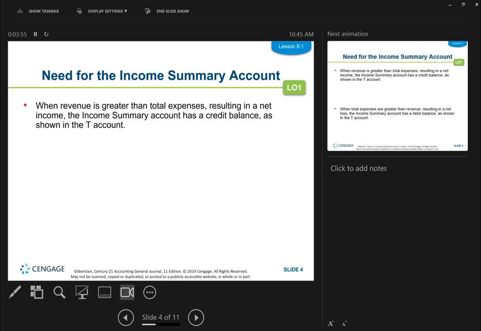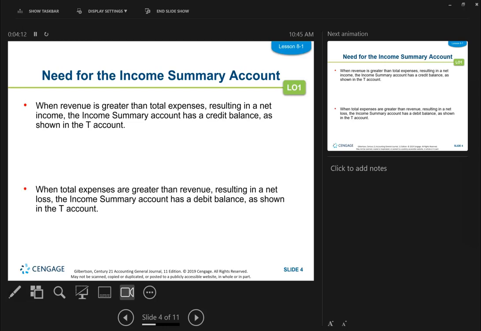We're going to use that as a source for a lot of the numbers we're going to be pulling from. And what is it if the expenses are greater than the revenue? Net loss, right? So that's that.